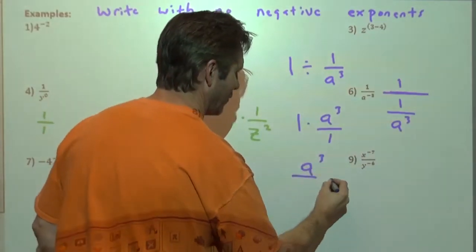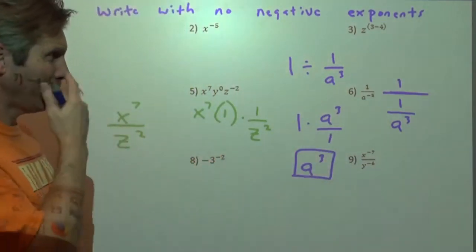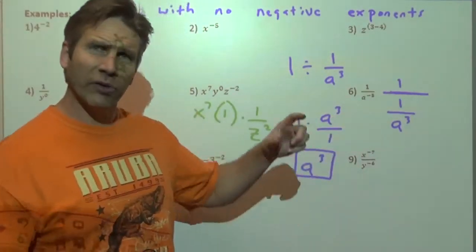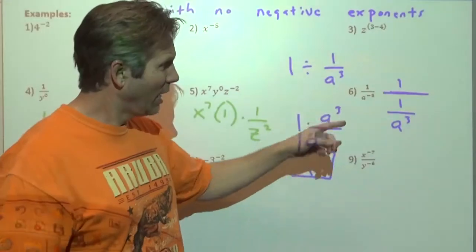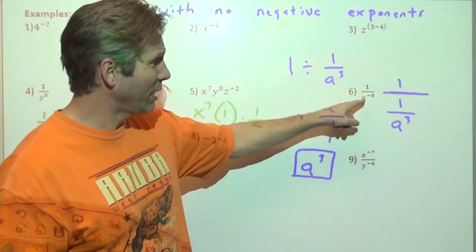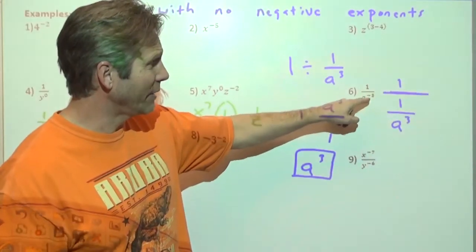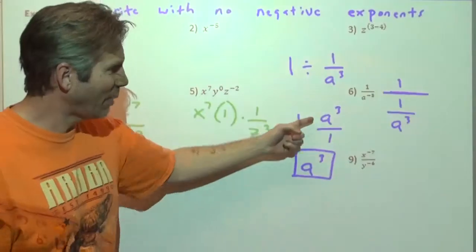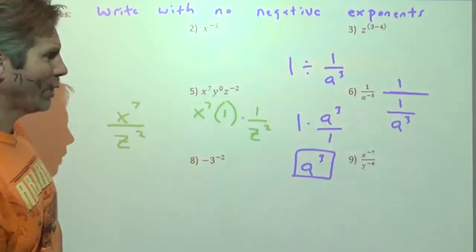That's our final answer. So, a little trick if you're ready for it. If you see a negative exponent, then you know that you're just taking the inverse of the positive power of that thing. So, if you have a to a negative exponent down here, it can show up being inverted. It can be a positive a cubed in the numerator.